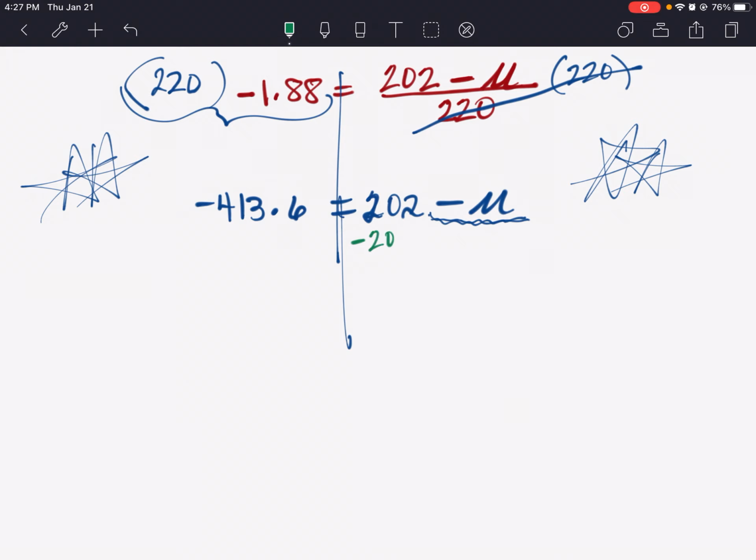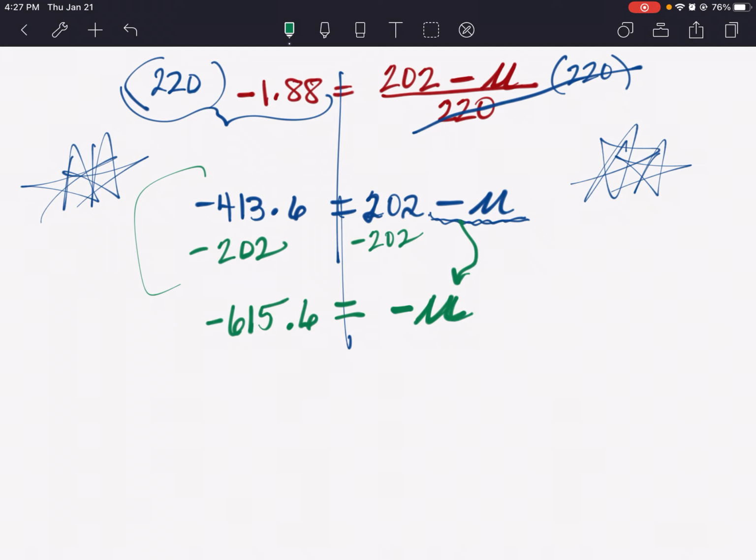Minus 202. Minus 202. If you can't do integers, then do this in your calculator. Negative 413.6 minus 202 is negative 615.6. And that equals this negative mu.